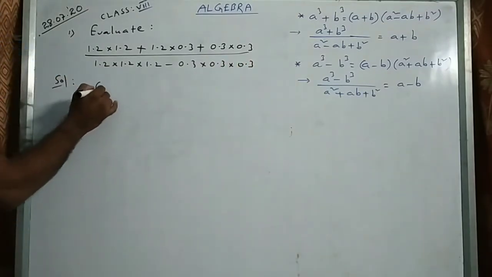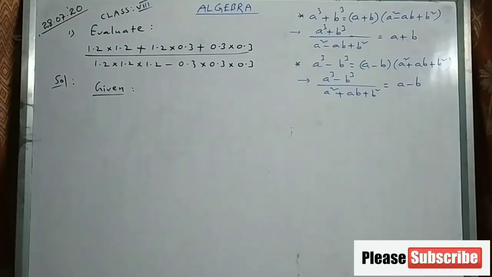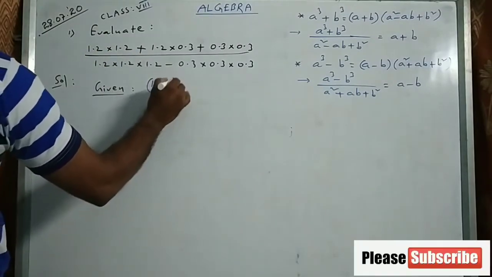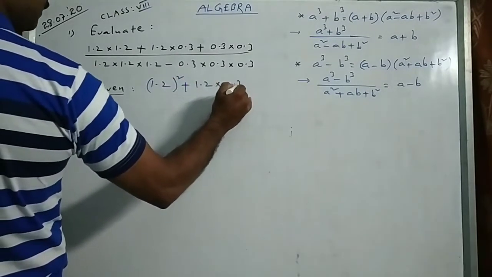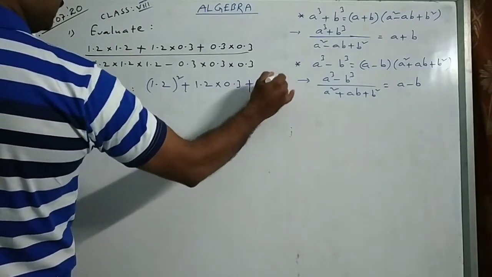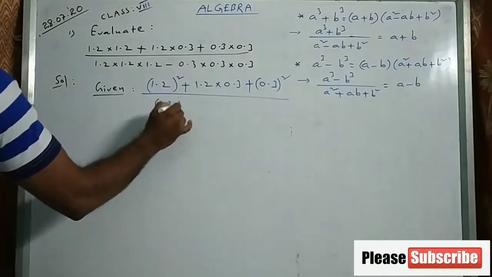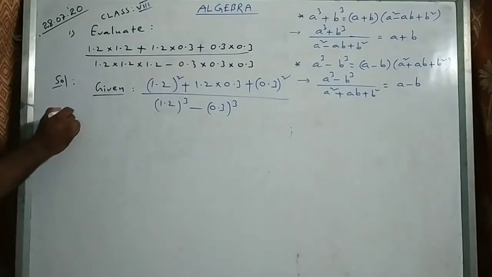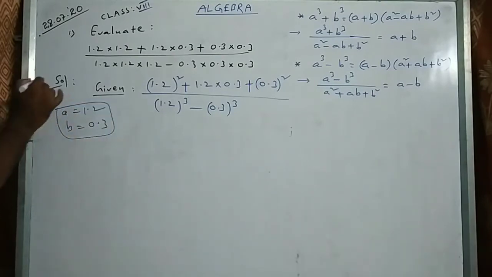What is the form of that given problem? See there, this can be written as 1.2 whole square plus 1.2 into 0.3 plus 0.3 whole square upon 1.2 whole cube minus 0.3 whole cube. Clearly a value 1.2, b value 0.3. First you try to understand that.